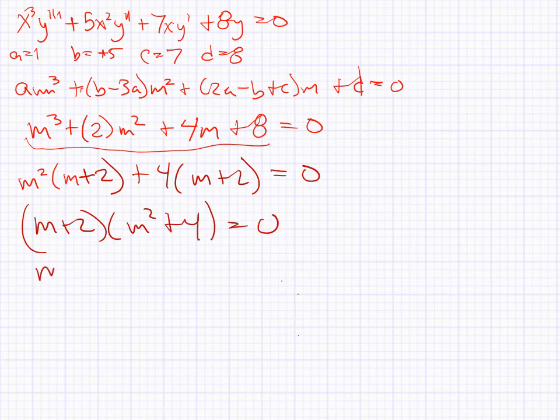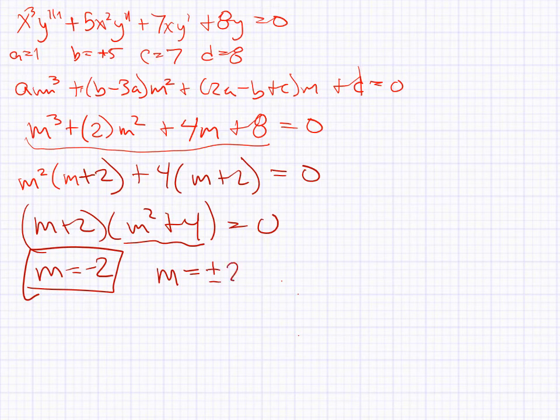So this is going to give me m equals negative 2 as one of the zeros, and this one's going to give me m equals plus and minus 2i. So complex conjugates here, alpha is 0, beta is 2. I have 3 solutions total, 1 real, 2 complex conjugates.